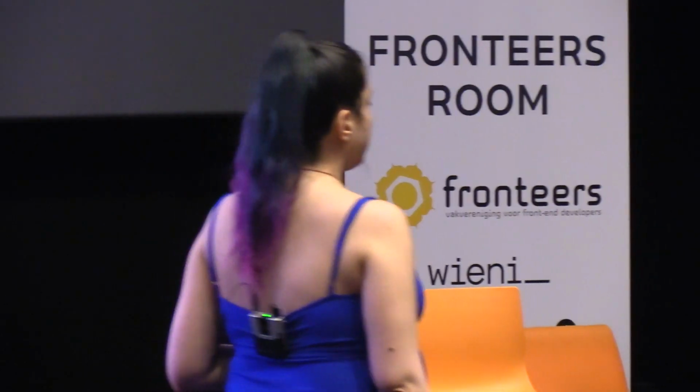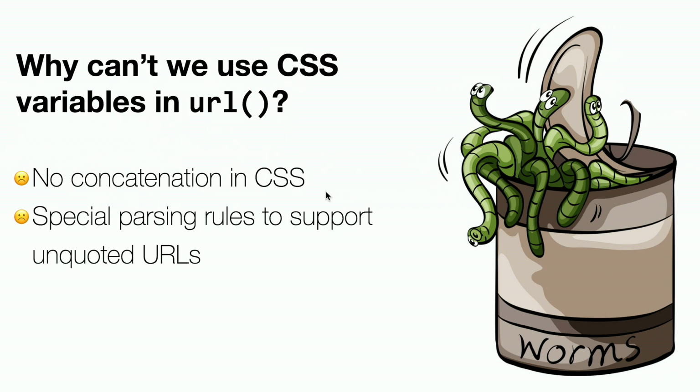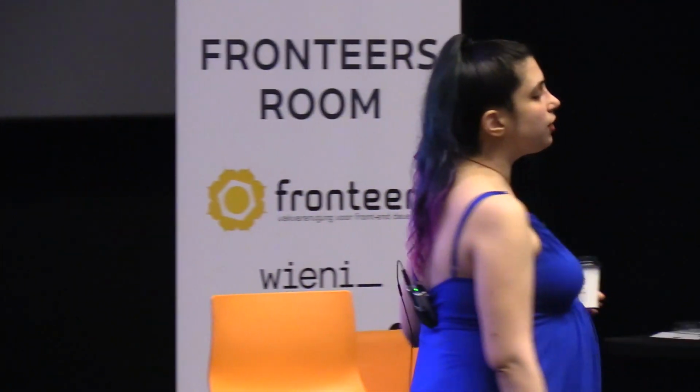In other places in CSS, putting strings next to each other doesn't concatenate them. Similarly, you can't actually use a var function in the URL function at all. Even if there's no concatenation happening, even if your entire URL function just contains a variable reference, that will still not work. And it will not work because there are special parsing rules to handle unquoted URLs.